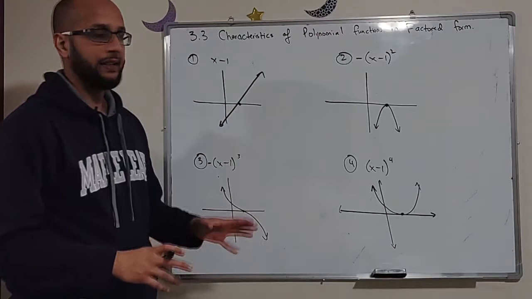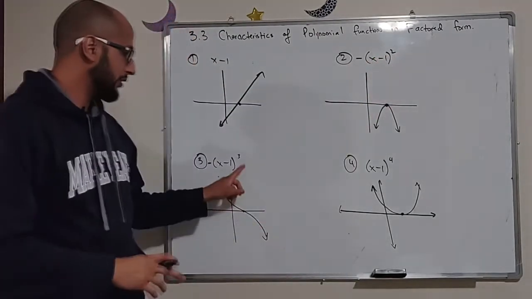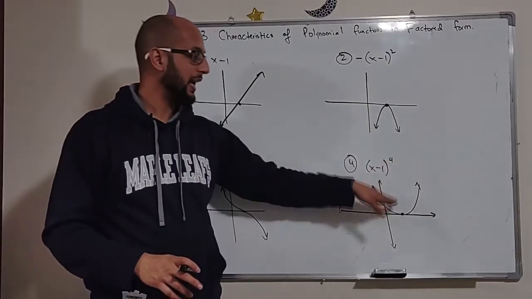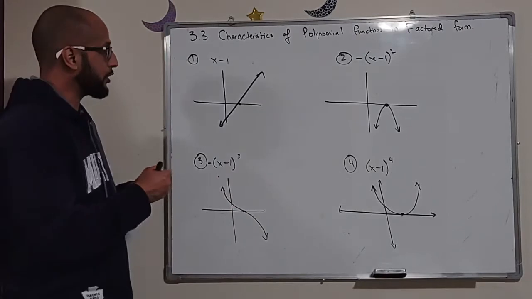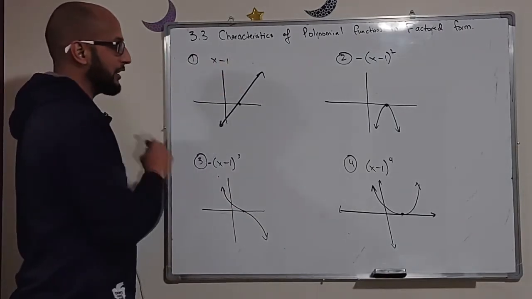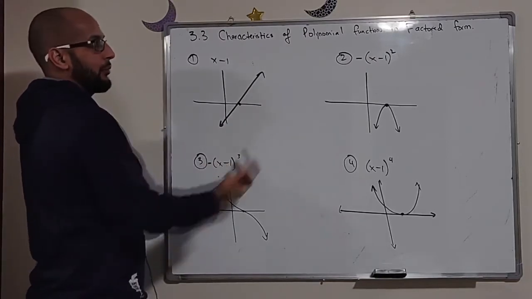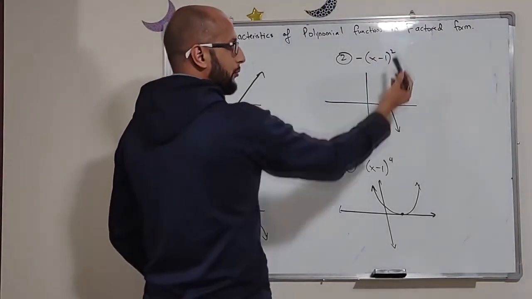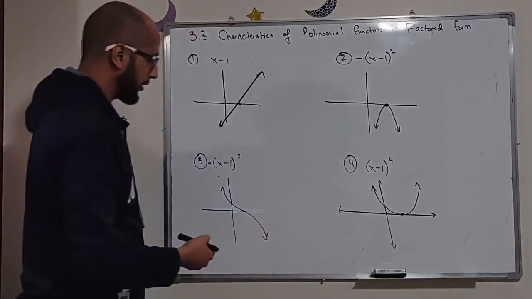What we're looking at here is what each of these exponents does to the behavior at the x-intercept. If we look at the first one, to the power of 1, it's a linear function, so it passes through the x-intercept as a line. Number 2, it's a parabola. So when I go to the x-intercept, it'll be very parabolic in its behavior.